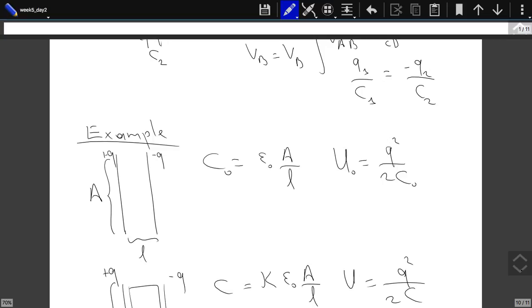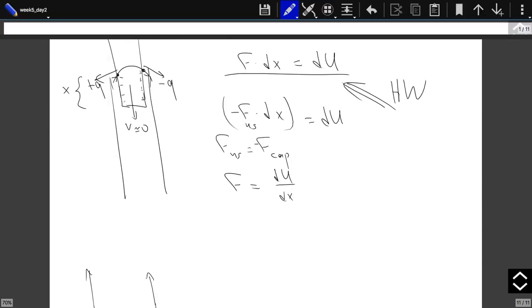Okay, that's work. Well, you can. I mean, you know the electric field, even if there is a dielectric. So if you know the electric field, you can calculate the work done. Of course, the presence of the dielectric will change the electric field, which will change the work done.